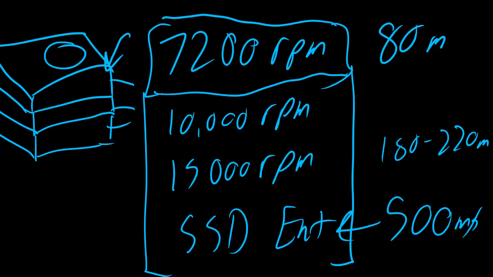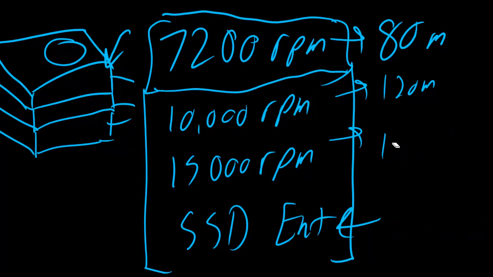I'll probably put this guy here at 120 meg a second. So because they're spinning faster, they can move more data off their platters with significant speed.